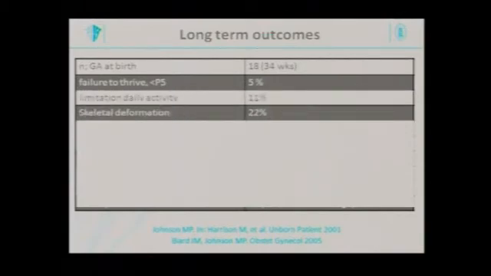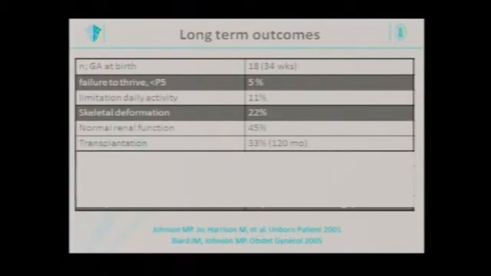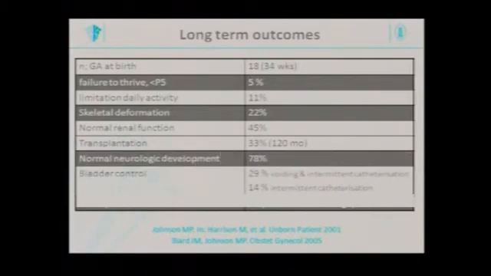Long-term outcomes: this is a study from Jean-Marc Billard. It's the only study that has looked at the long-term quality of life. Same numbers: 1 in 2 with normal renal function, 1 in 3 having transplants, normal neurological development, and 1 in 3 has abnormal bladder function.